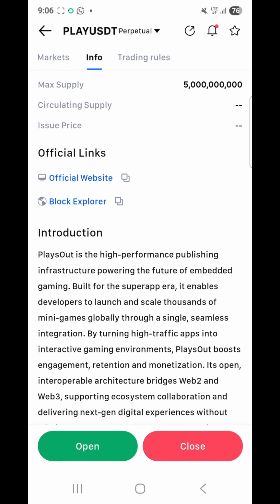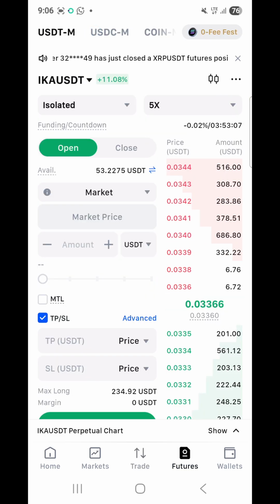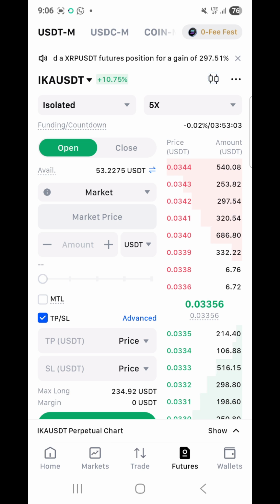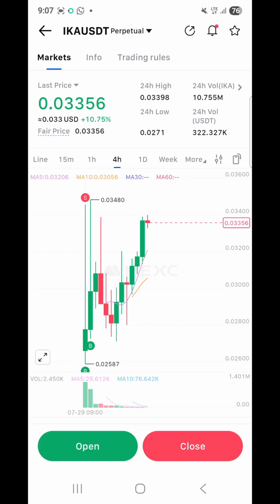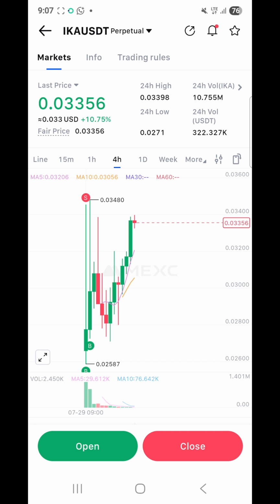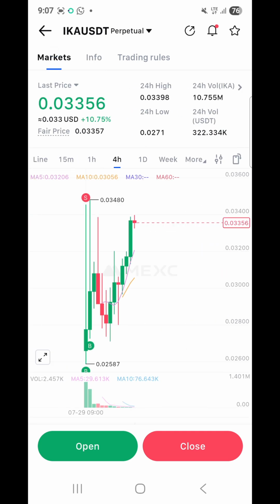Now, what do I mean? For instance, this particular token, let me show you guys something. This IKA USDT, if not for the fundamental analysis that I did on this token, I would have lost a lot of money, because this token happens to be on the Sui blockchain, and the BSC blockchain and the Ethereum blockchain, I think they are overbought already.